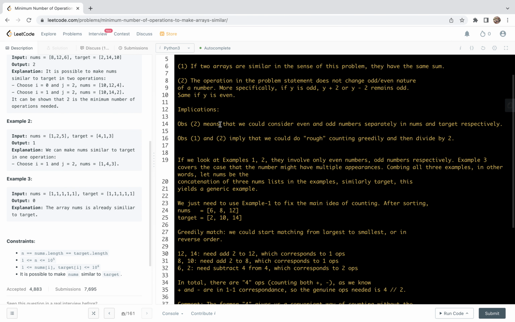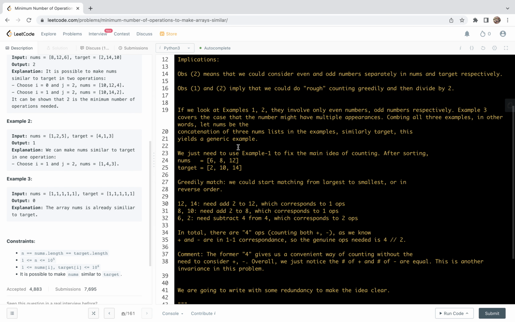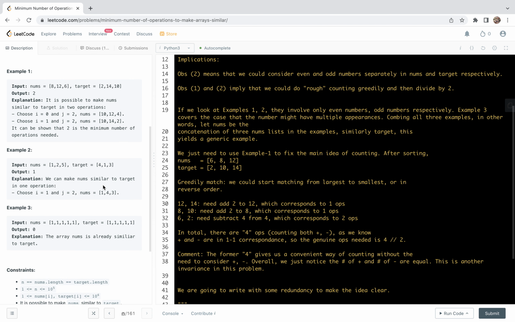Based on these two observations, there are the following implications. First, observation 2 means that we could consider even and odd numbers separately in nums and target respectively. And the two observations together imply that we could do rough counting greedily and then divide by 2. We'll specify this sentence below.